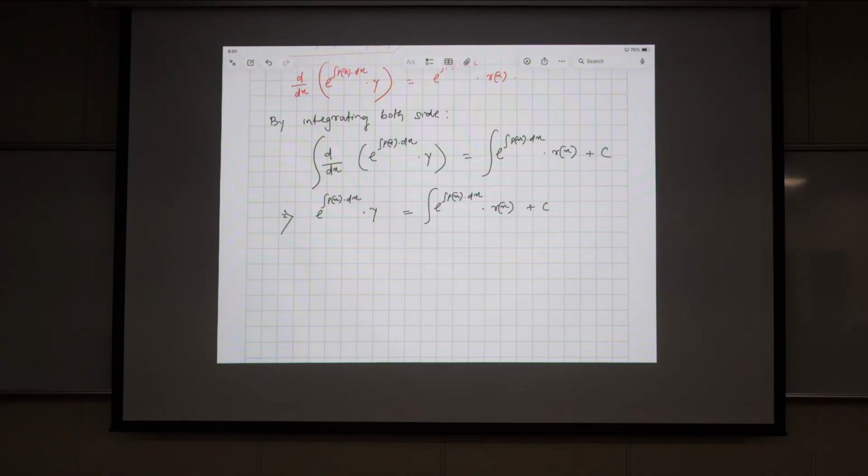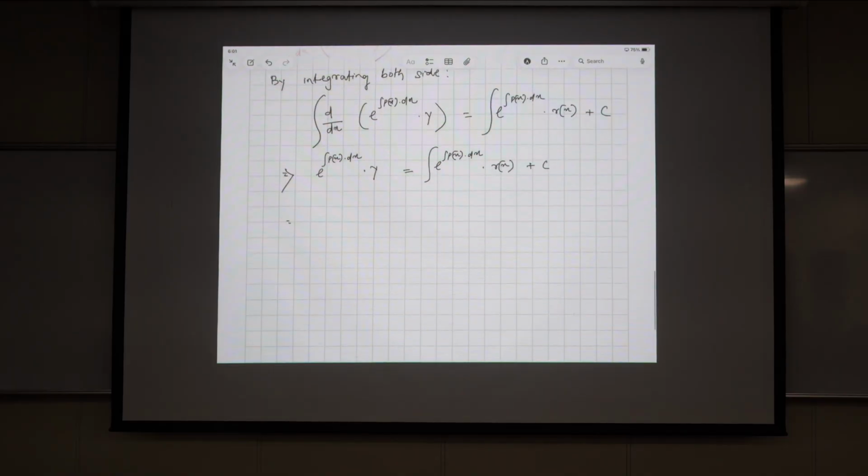Right? What exactly is this? This is what we wrote as the solution. That means mu y is nothing but the integral of mu r(x) plus c. This is the solution we wrote a few steps before.